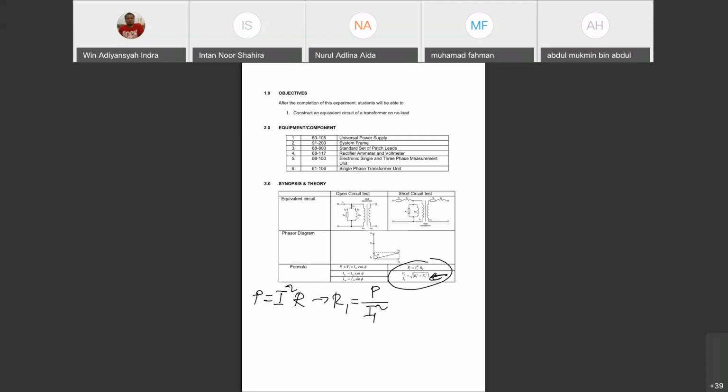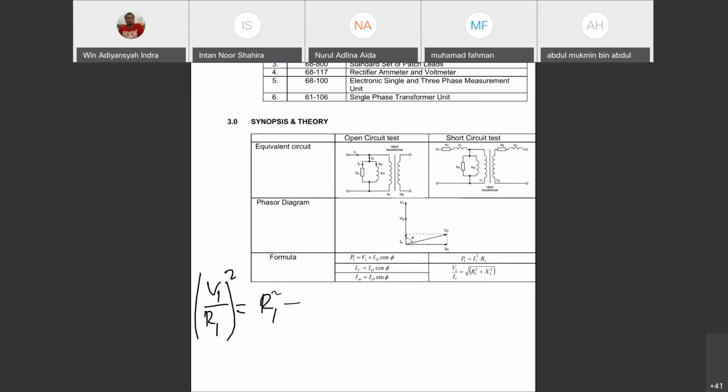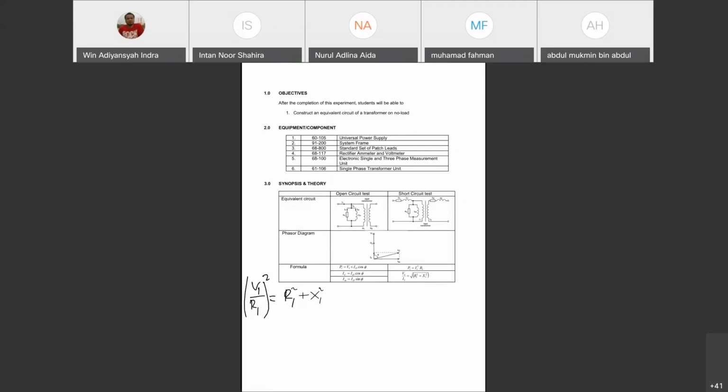If you use this formula, we modify and expand it. We get V1 over I1 equal to the square root of R1 squared plus X1 squared, right?